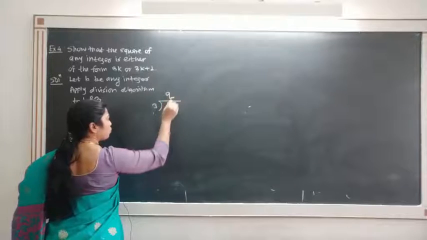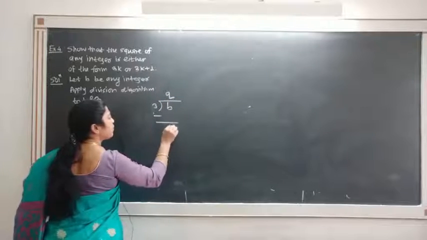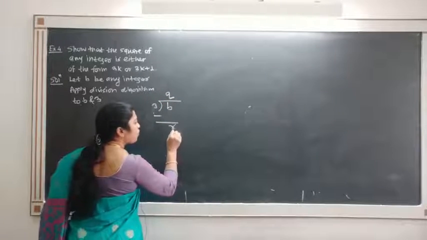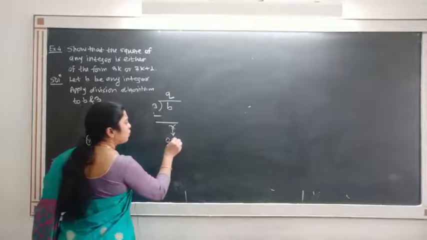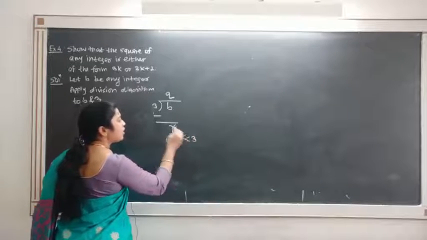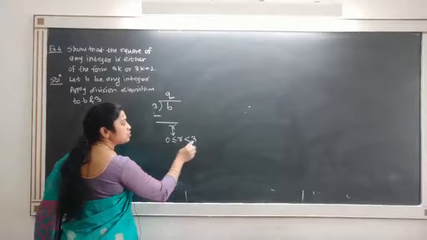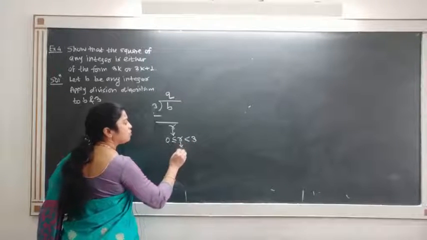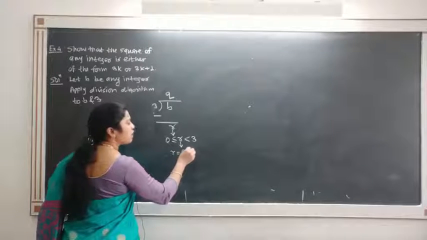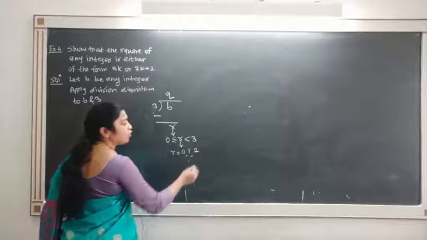We get some quotient and we get some remainder. What is the property of this remainder? 0 less than or equal to r less than 3, because we are dividing by 3. And because it lies between 0 and 3, 0 included, this implies that the remainder is either 0, 1 or 2.